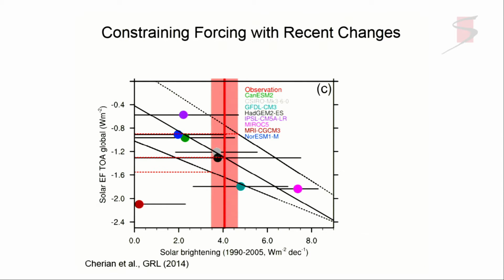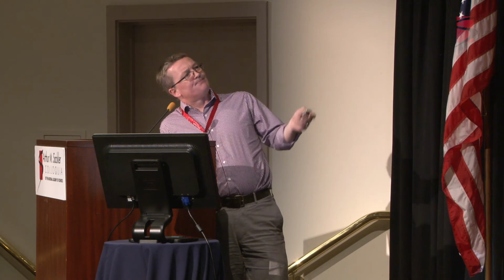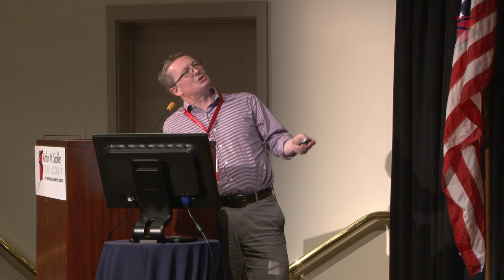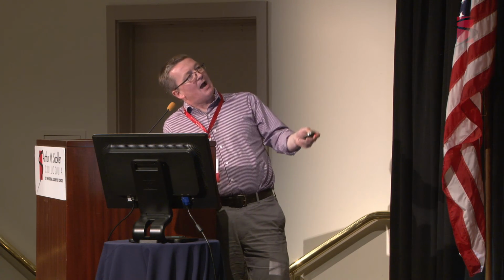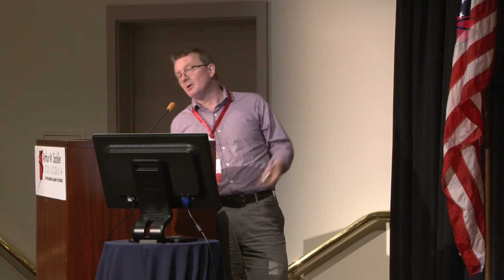So models that have strong brightening here have strong pre-industrial to present day aerosol indirect effects, because you had stronger aerosol loadings before the cleanup began. So you get a relationship which, if you can throw that one out, you can maybe use to constrain the global aerosol indirect effects using this method.